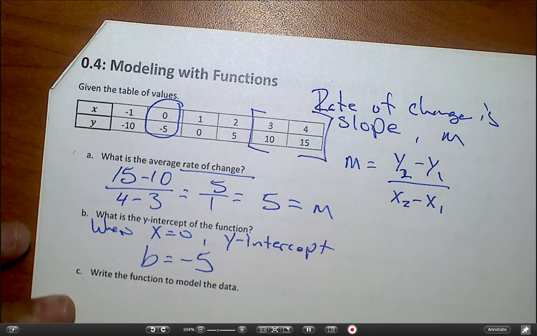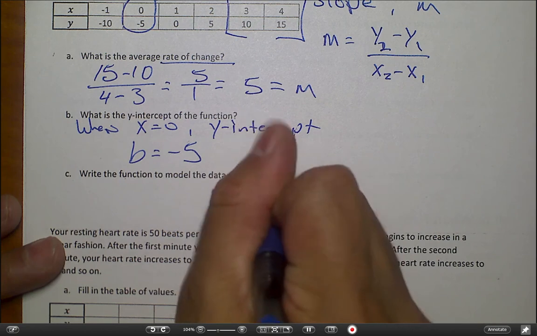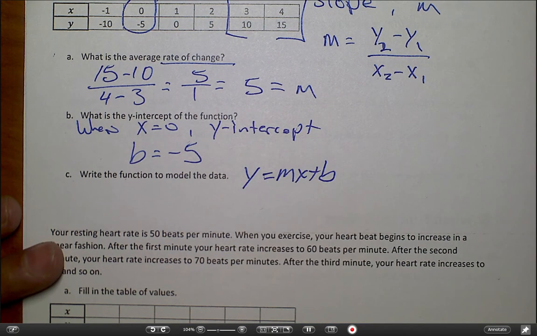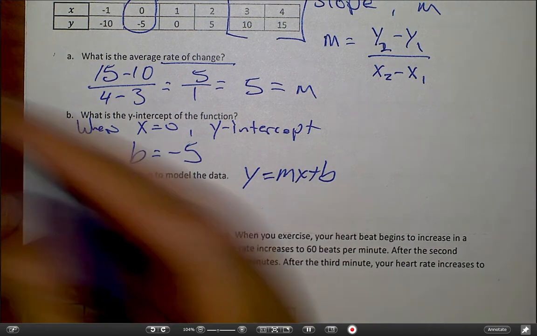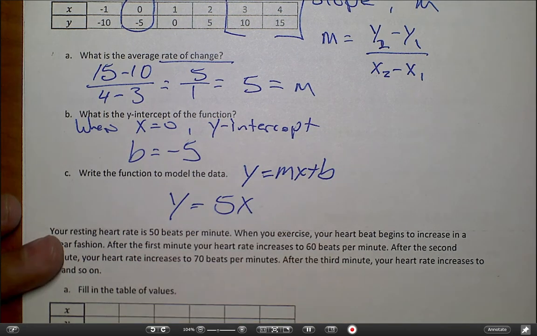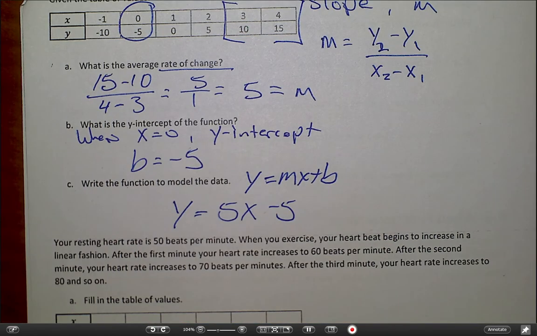So that's good. Now, the function for this. Remember, the function should be y equals mx plus b. Y equals 5x minus 5, right? That's super easy, isn't it?